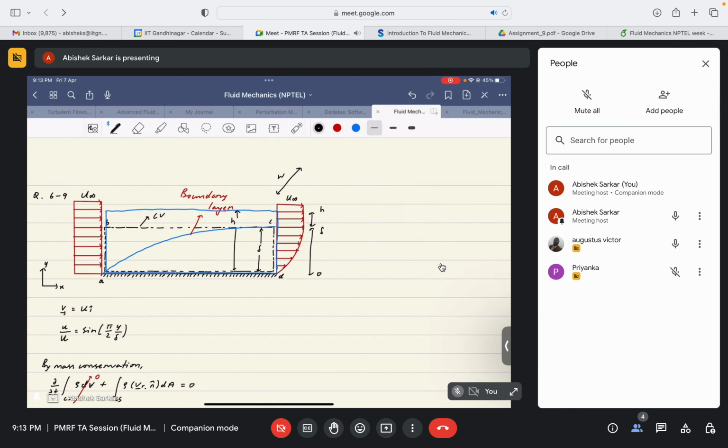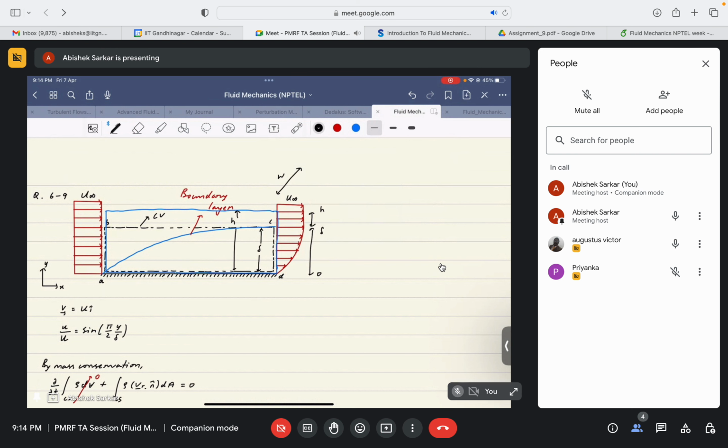So you have to take the integration from delta to h again with u infinity as the velocity profile, right? This would have overcomplicated the problem. And again you would have had an unknown h, which is a parameter that you would essentially choose. It is not given in the problem. So this would have been an overcomplication of a simple problem.